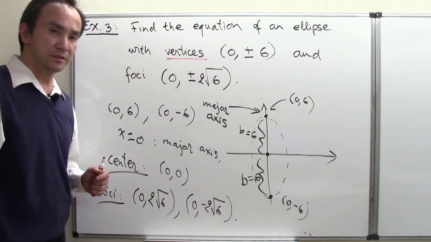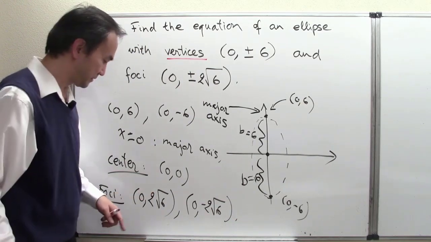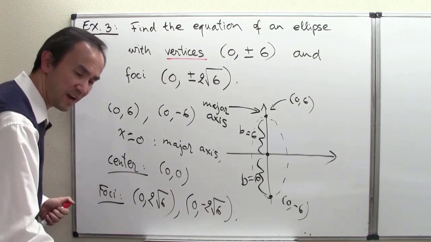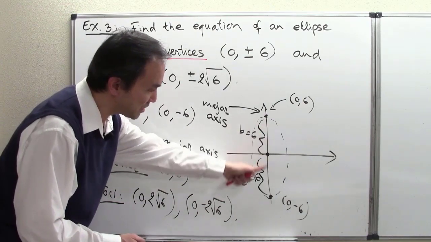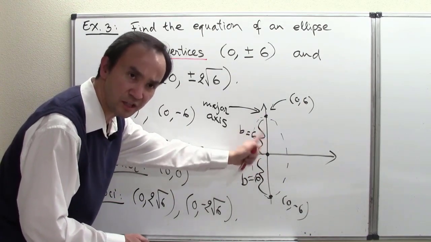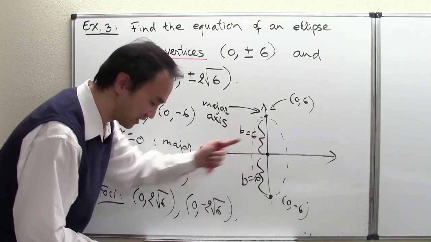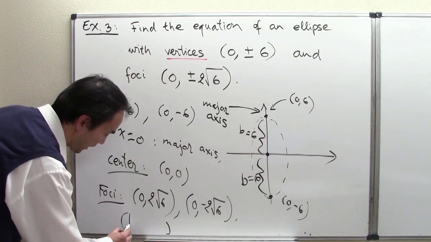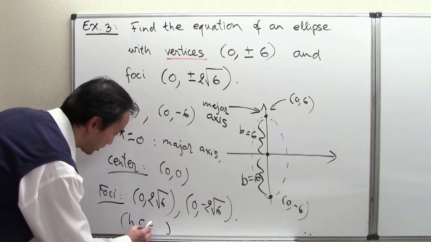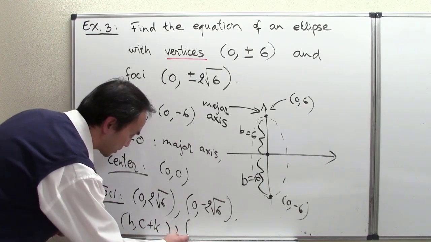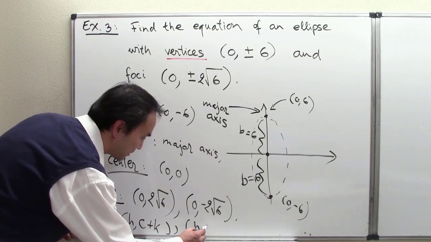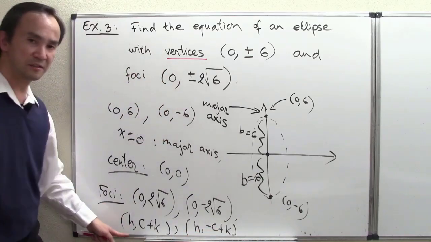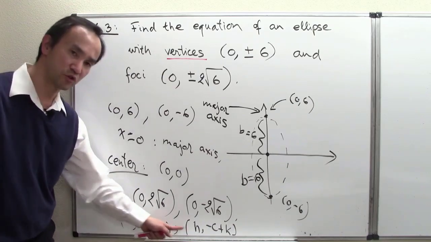So I can see that according to the formula that we've had, when b is greater than a, or when a is less than b, the foci are at h, c plus k, and correspondingly h, -c plus k. That's the general formula for the coordinates of the foci.